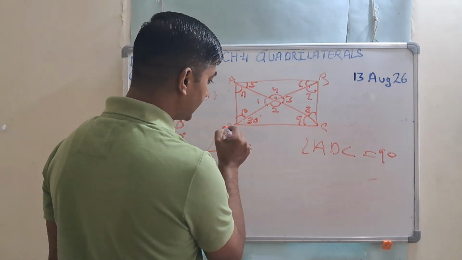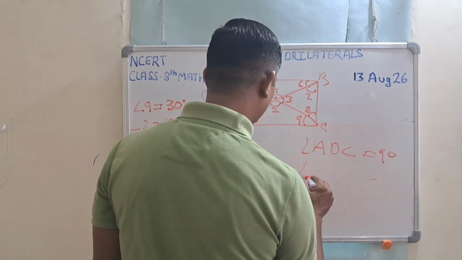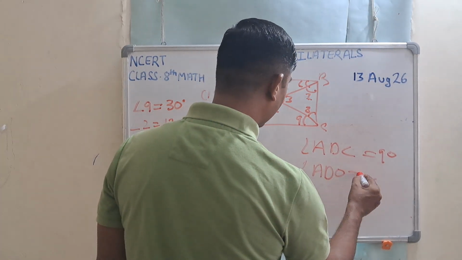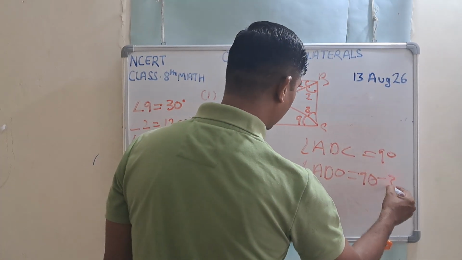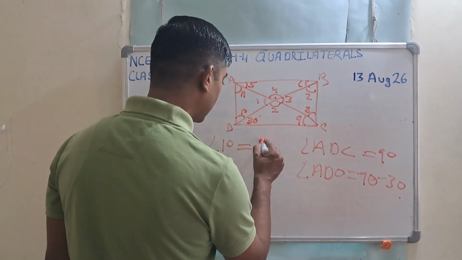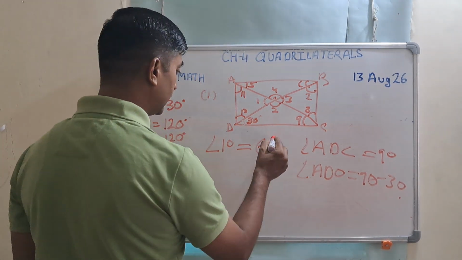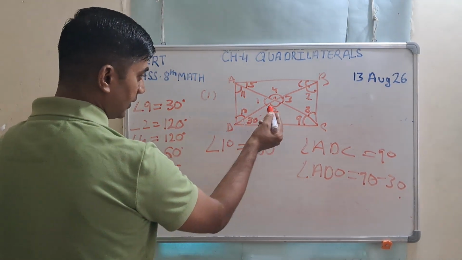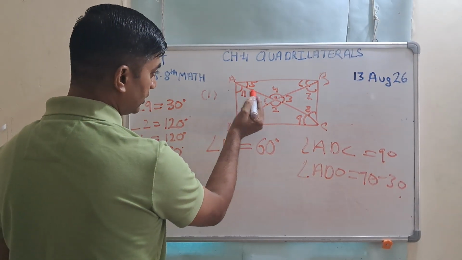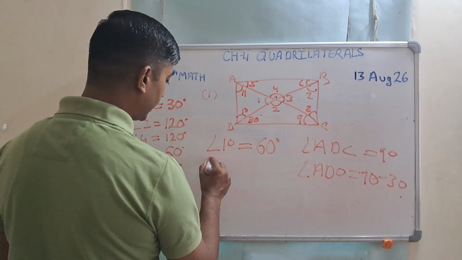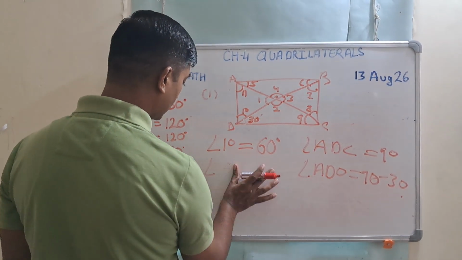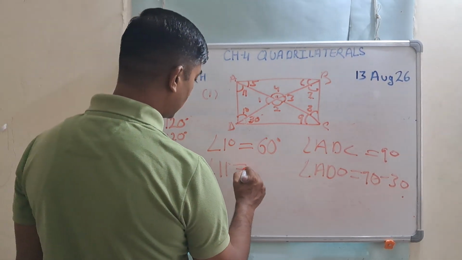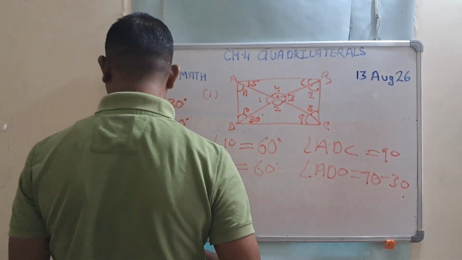So angle ADO is 90 minus 30, which comes out at 60. So angle 10 is 60 degrees. And in the same way, this side is equal and this side is equal, so angle 11 is also 60 degrees.